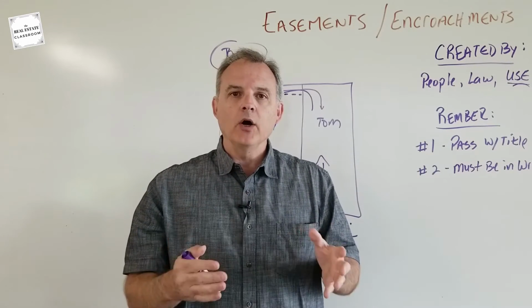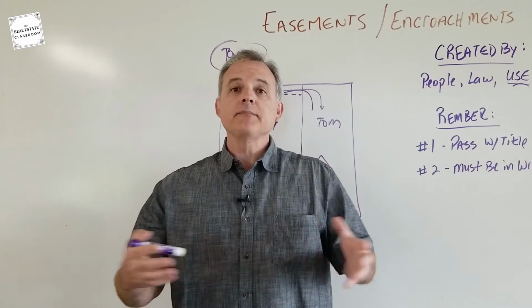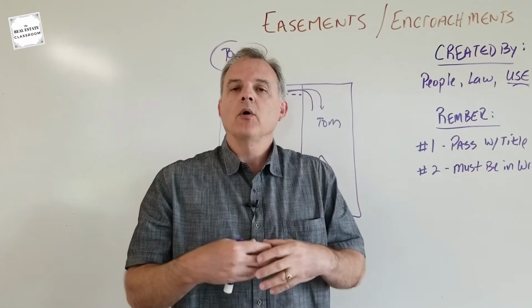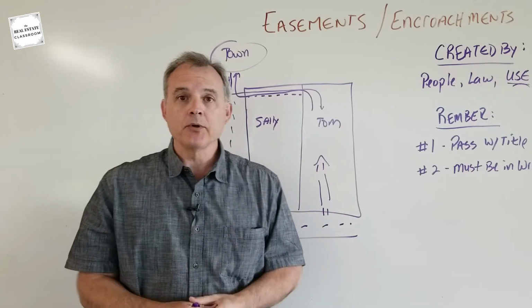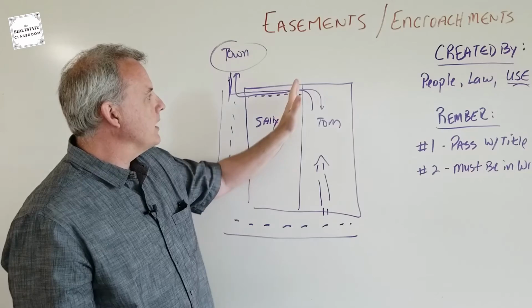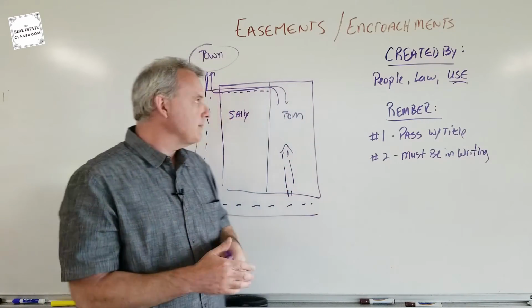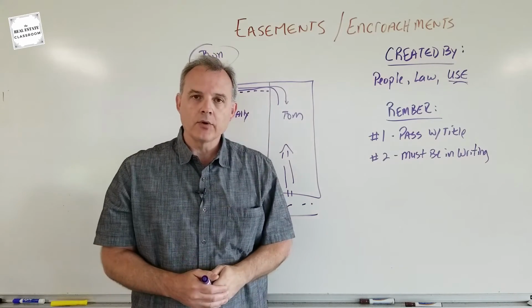Number two, it must be open and notorious and in a hostile manner, meaning it has to be visible and actual and against the wishes of, or hostile to, Sally, meaning Tom didn't ask Sally's permission to do it, he just did it. All right, so Sally would be recommended to put up a do not trespass sign or a gate or something that stops that continuous use for that prescribed statutory period of time.